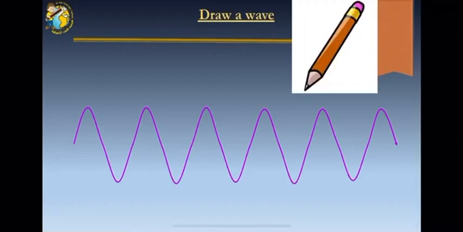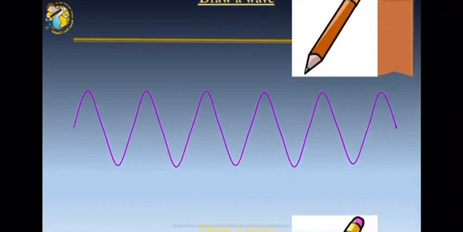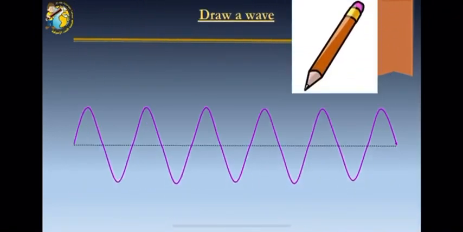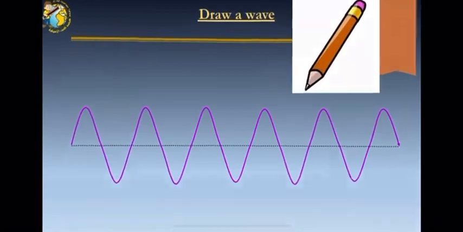Now, from left to right in the center, draw a straight dotted line. Like this, exactly. Now I want you to mark the top and the bottom peaks or edges. Make an arrow on the top and bottom peaks or edges.